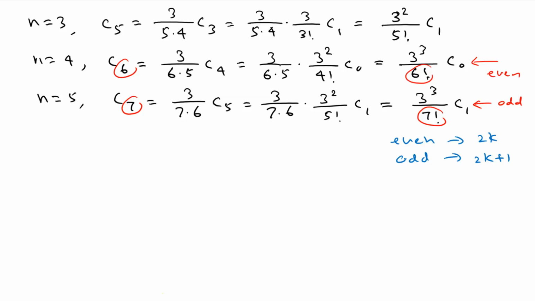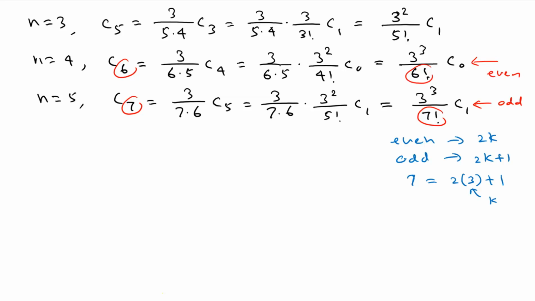That k gives the power. For example, how do you write 7? 7 equals 2 times 3 plus 1, so k is 3, and that k value is the one that goes up there.